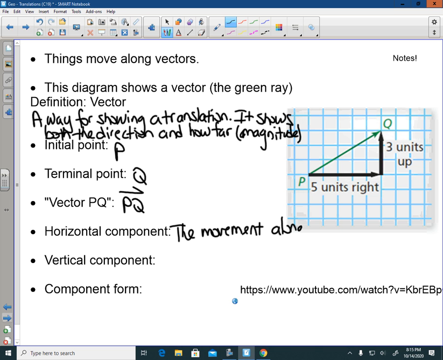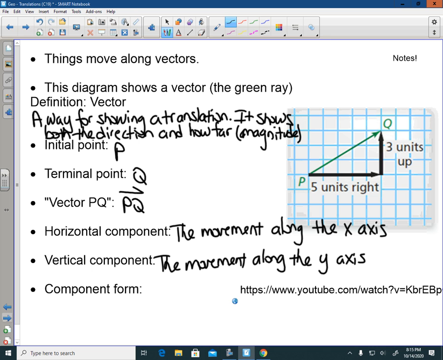And then our vertical component is how far it goes up and down, so we can say the movement along the y-axis.